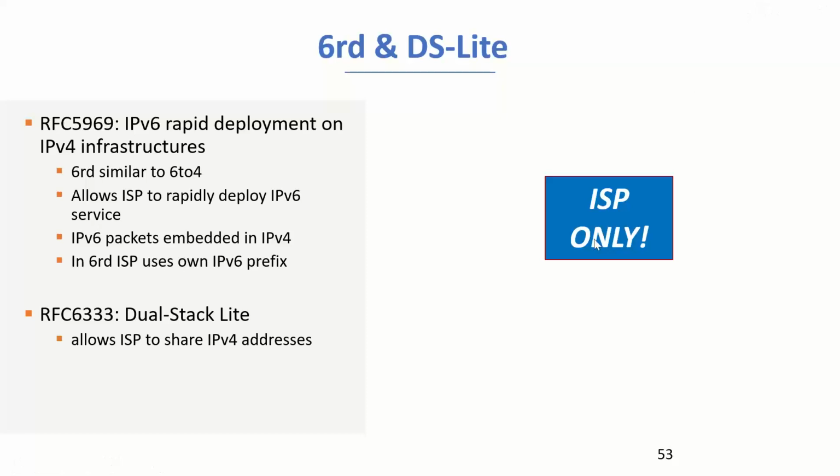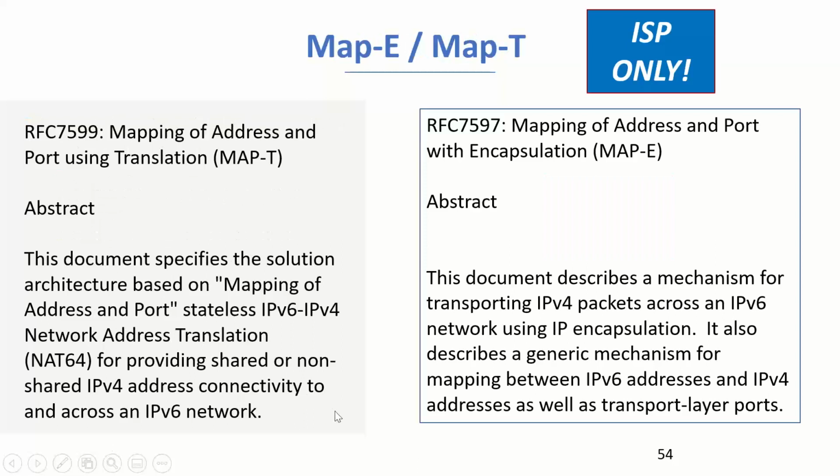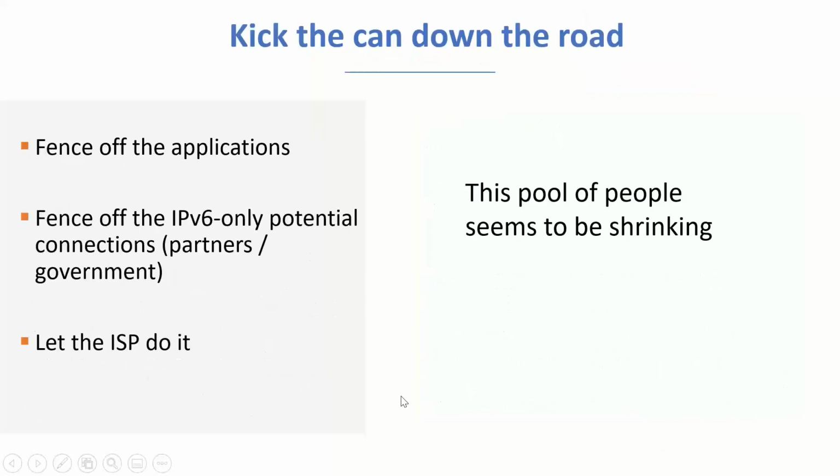And so now I'm going to go briefly into some of the things that the ISPs do, which is 6RD, DS-Lite, and your ISPs might be doing some of this stuff. That's a question for you to ask them. Again, MAP-T, MAP-E, very heavily implemented, I believe, in some of the Asian networks. What you can do is fence things off and kick the entire can down the road.